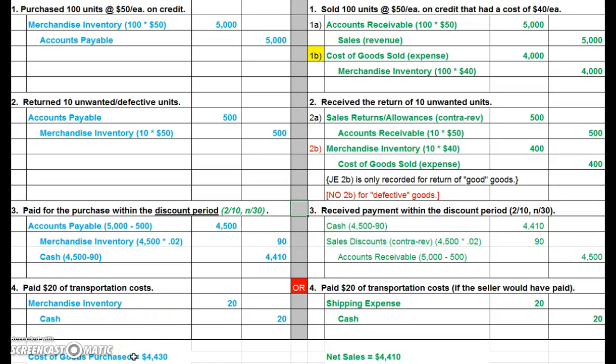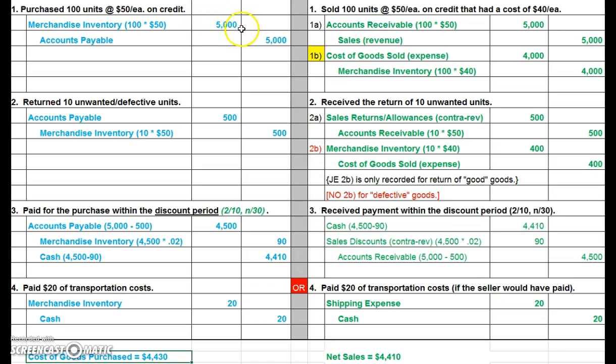Looking at the 4 journal entries up above that we've done, there is a term called cost of goods purchased, which refers to the buyer and is adding up the amount that the goods cost the buyer. And the formula is as follows. It's also in another video to come. We are just tracking what is happening to the merchandise inventory.